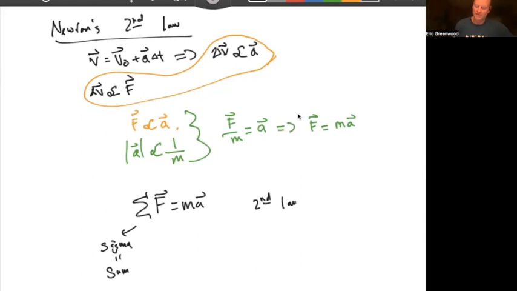Newton's second law is actually just an operational definition of how force relates to mass. This says that the sum of the forces, also known as the net force, is simply equal to the mass times the acceleration. Now, this is a very simplistic looking expression, but there's a lot buried inside of here.